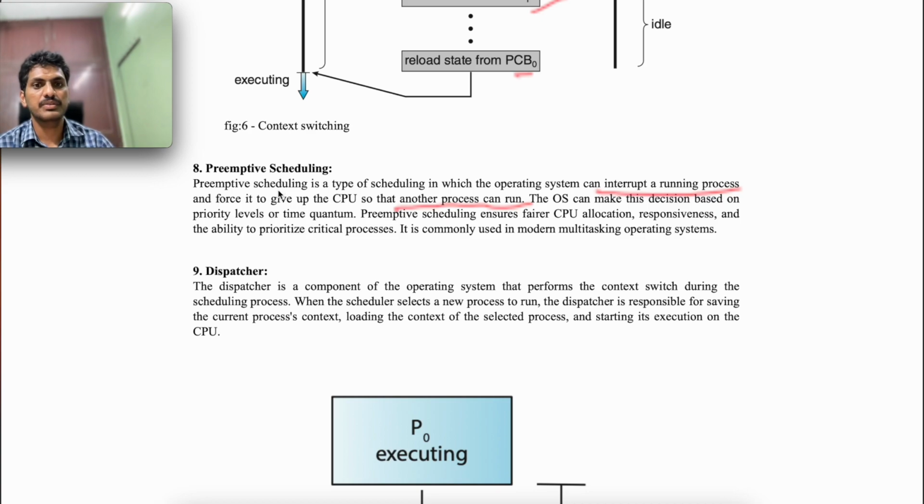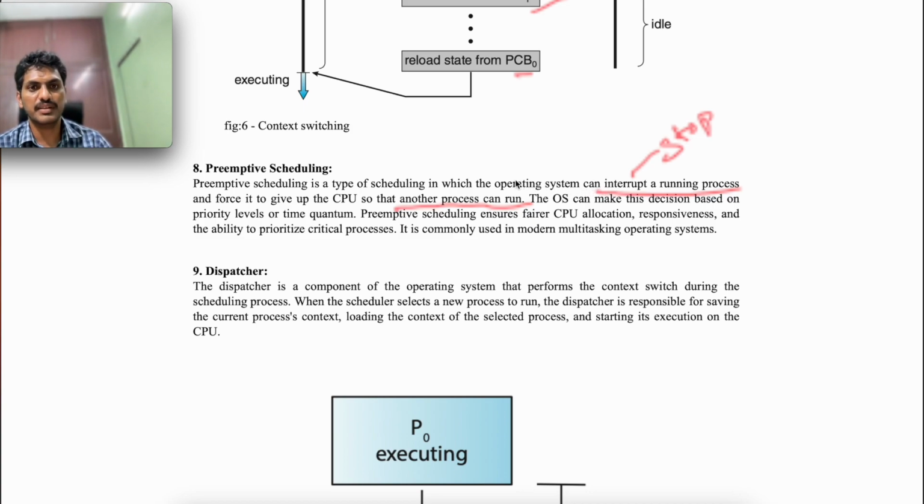Preemptive means interrupting. Interrupt means stopping temporarily, and giving a chance for another.